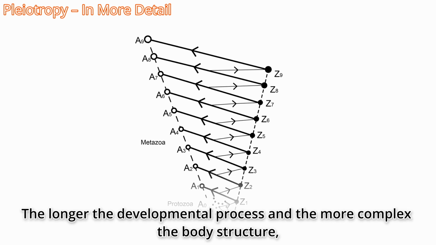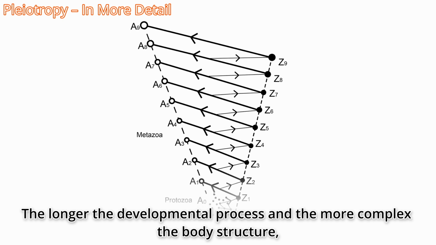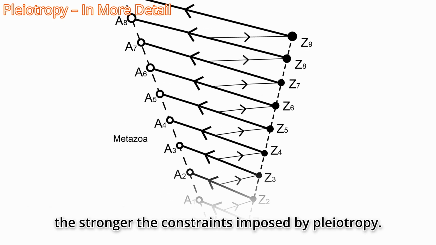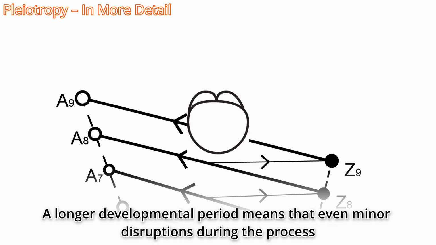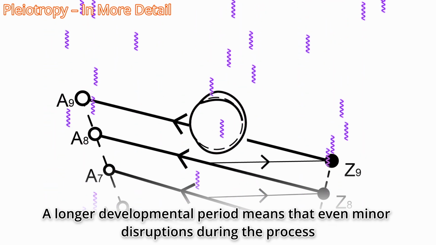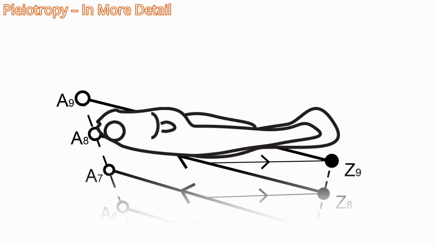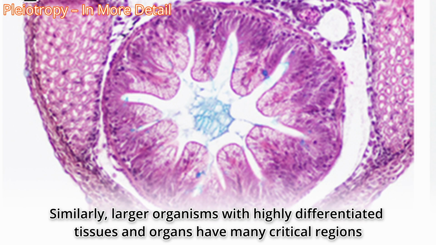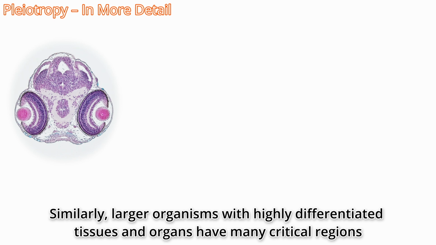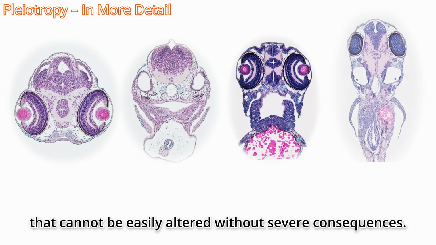The longer the developmental process and the more complex the body structure, the stronger the constraint imposed by pleiotropy. A longer developmental period means that even minor disruption during the process could prevent the organism from surviving. Similarly, larger organisms with highly differentiated tissues and organs have many critical regions that cannot be easily altered without severe consequences.